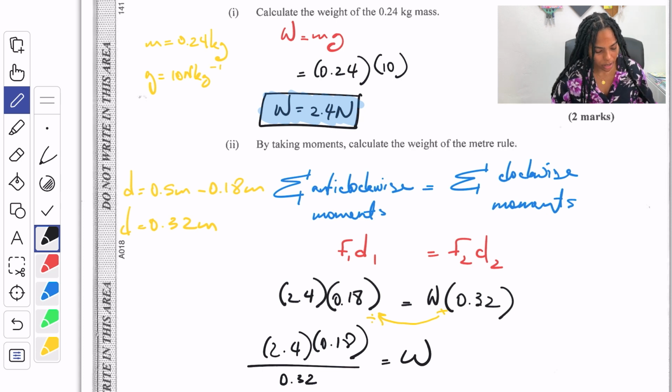So I'll switch it the other way and I'll say 2.4 times 0.18, oops, I made a mistake in my calculator there. 2.4 times 0.18 divided by 0.32 gives me a weight of 1.35 newtons.